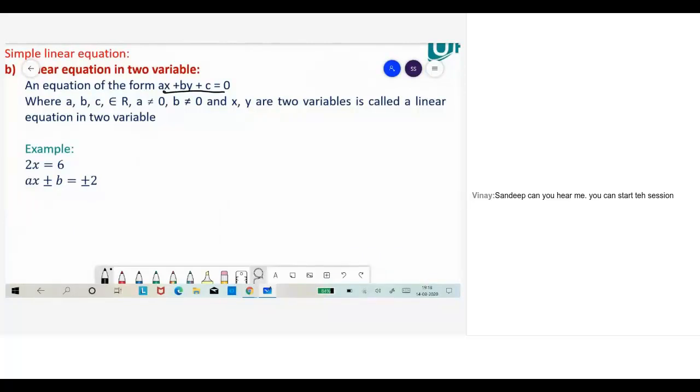So a generalized linear equation in two variables looks something like this: of the form ax plus by plus c equal to 0.